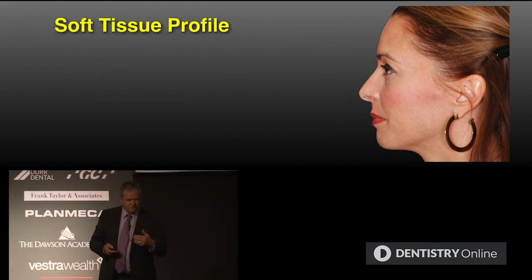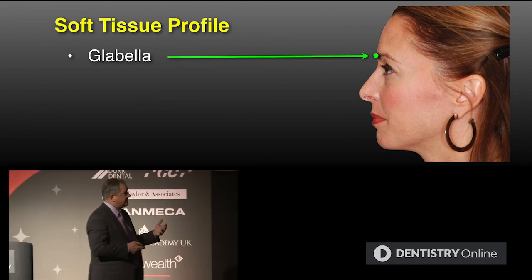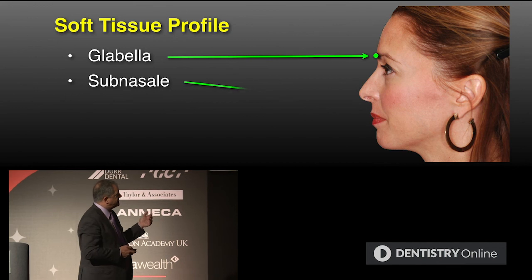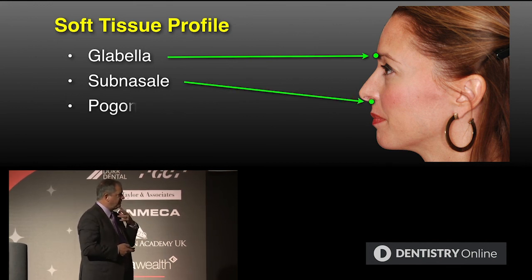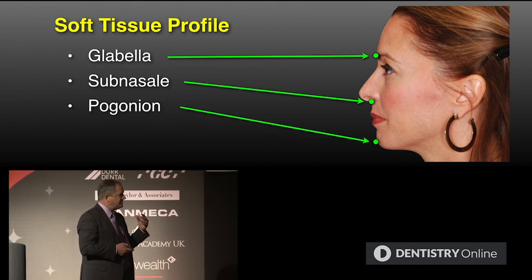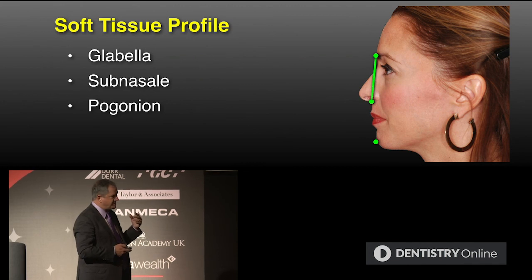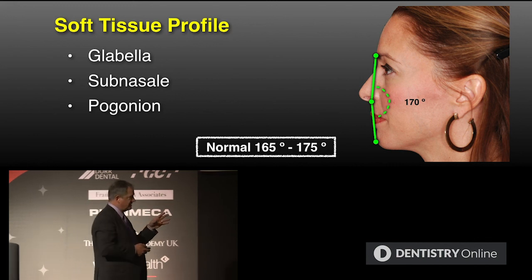What else do we evaluate? We evaluate profiles using these photographs. Again, glabella, subnasale, pogonion, the most prominent point on the chin, draw lines between the dots. What do we do with those lines? We measure the angle formed by them. Normal facial profile is 165 to 175 degrees.